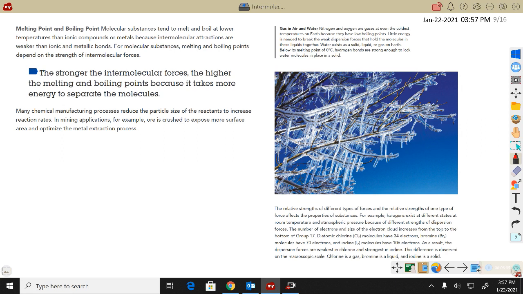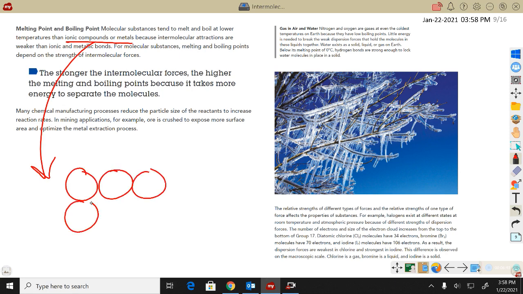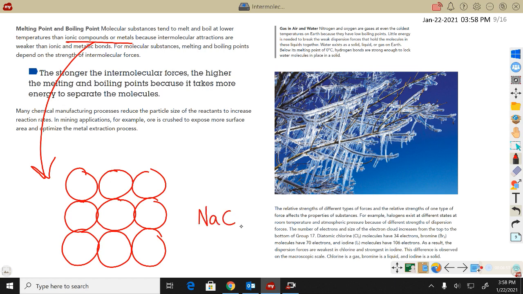Now they also mention here ionics and metallics. Ionics and metallics have really strong attractive forces. Ionics exist as those big crystals, right? Where I've got these oppositely charged ions in a very organized crystal pattern. Let's say I have something like NaCl.